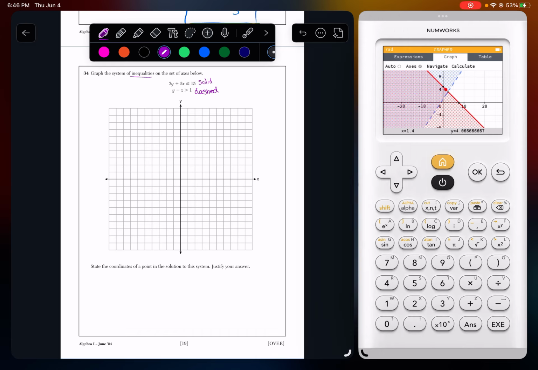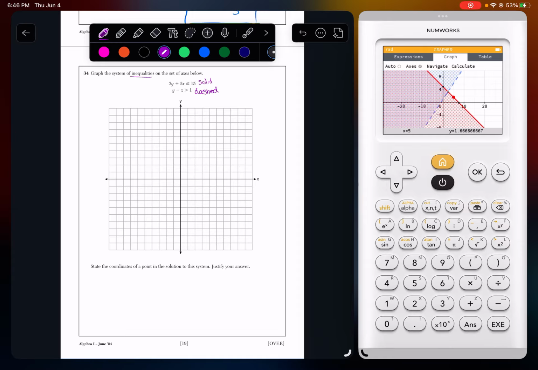To graph the red one, because these are inequalities, I cannot go to my table, right? But I can scroll along the line. You might notice that these are giving me decimals along the line. If I want some whole numbers instead, I can type a whole number. So let's say 5.